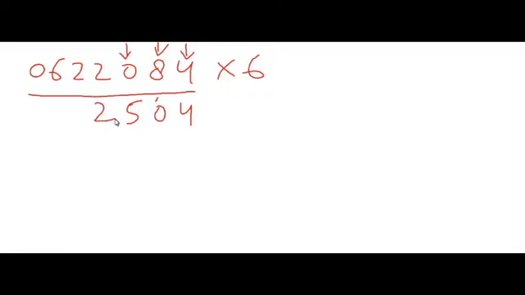Now this 2 plus half of neighbor is 1, so 2 plus 1 is 3 here, and 6 plus 1 is 7, and then 0 plus 3 is 3. So we got 3,732,504. That's the answer of 622,084 times 6.